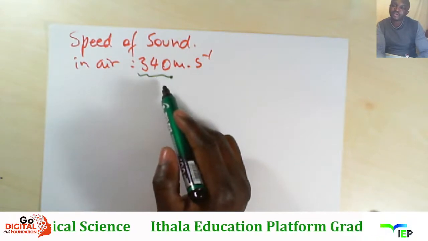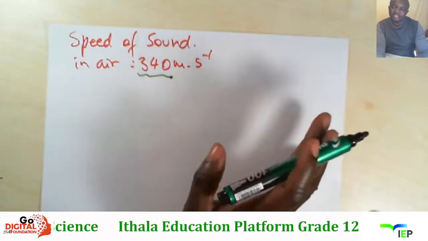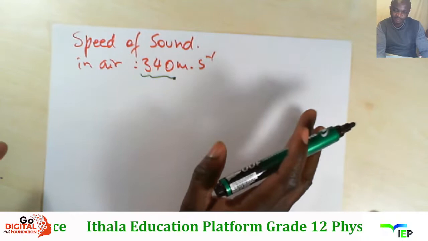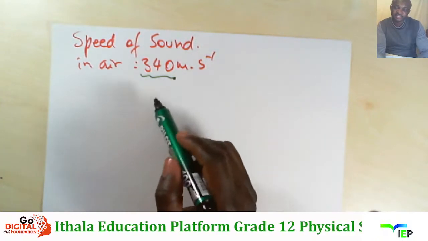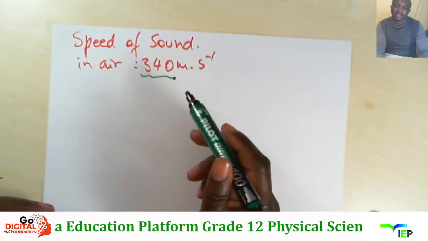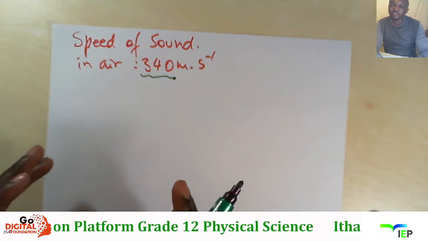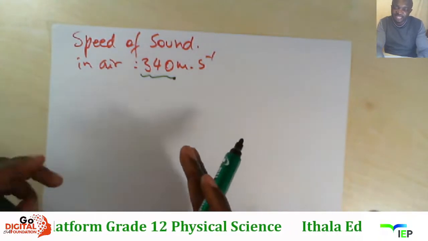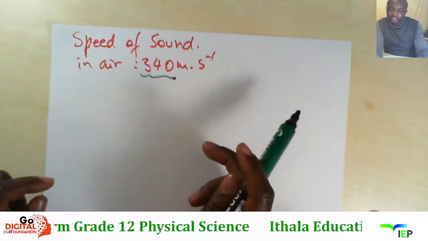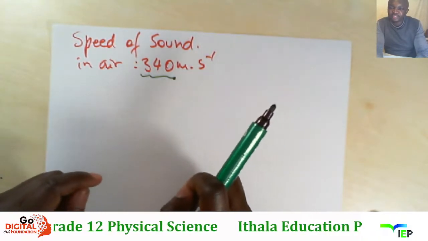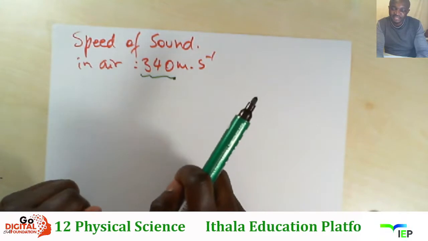But the speed of sound in water is around 1,500, somewhere there, because sound travels fast in a more compact medium. We said a sound is a pressure wave, where the particles collide. So in a liquid the particles are very close to each other, so it travels fast.